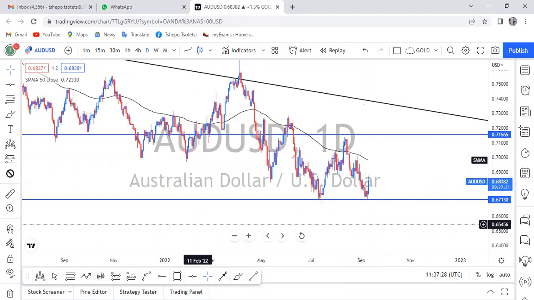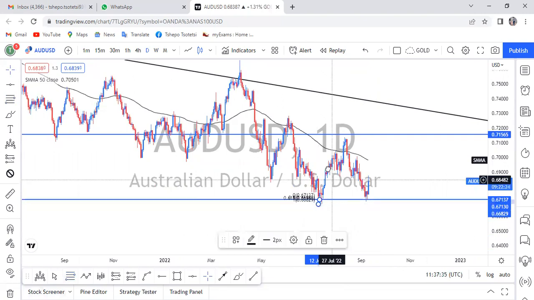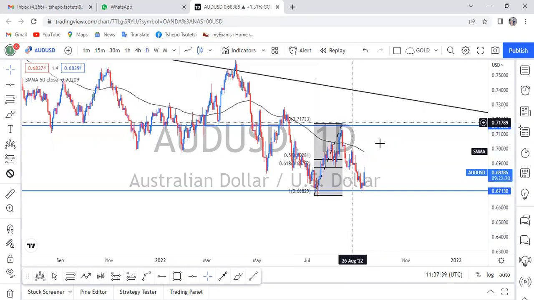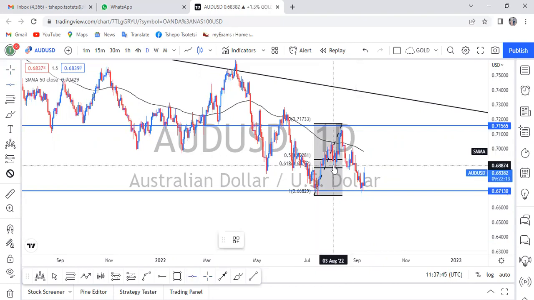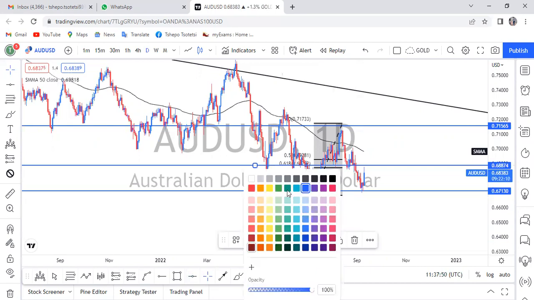Another type of support and resistance is your Fibonacci level. We take it from swing low to swing high. So we can see we have a level here. We have a level here. So I will show you sometime how to trade using Fibonacci.